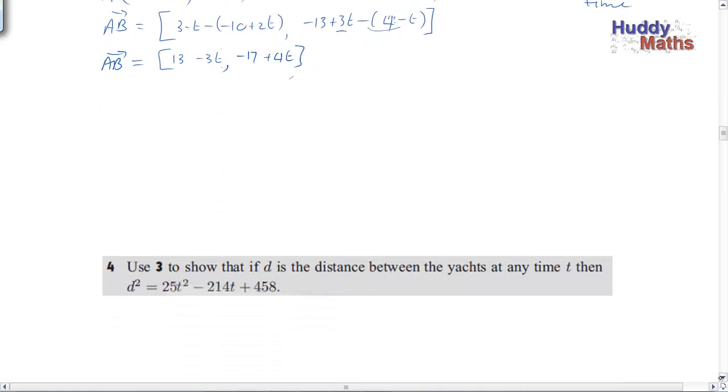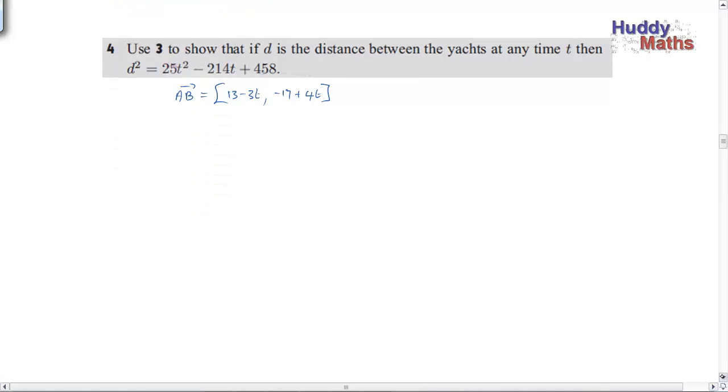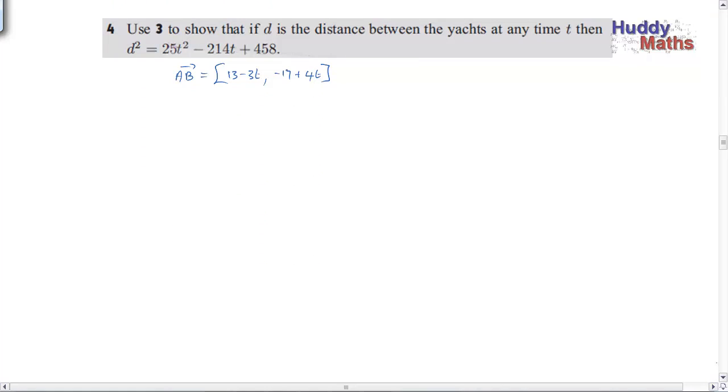Oh, use 3 to show the distance. So I better write down here, AB would be the general vector between the two, and its length would be the general distance between the lines. And they want us to find d squared because it's easier to do. So d squared would be the length of AB squared, wouldn't it?